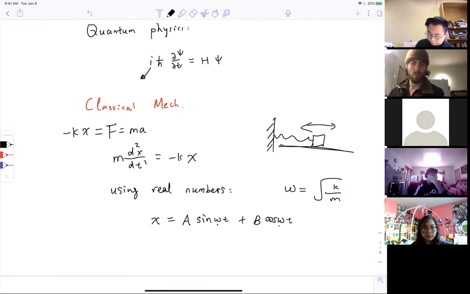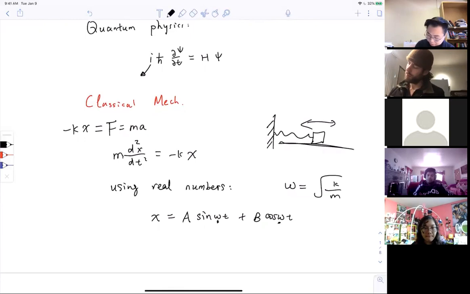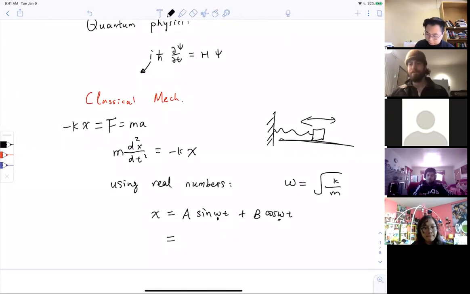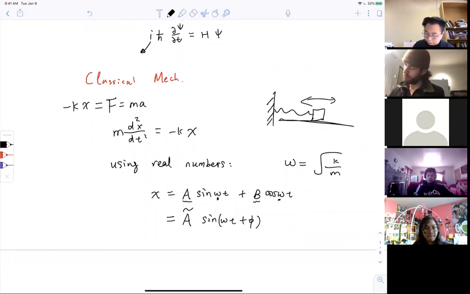This is what we did in 1A or 1B, small oscillations in 1B, I think. Of course, you can write this solution in this way. A and B here are unknown parameters, and A tilde and phi here are unknown parameters.